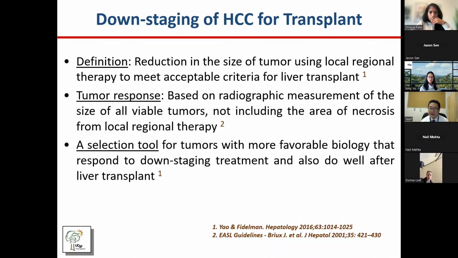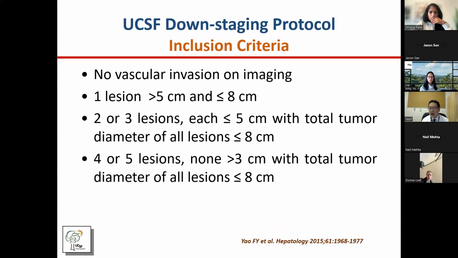So the fundamental principle behind downstaging is that it serves as a selection tool for tumors with more favorable biology that respond to downstaging treatment. And also these are the ones who are more likely going to do well after liver transplantation. Now, downstaging is dear to my heart, something I've worked on since the early 2000s.